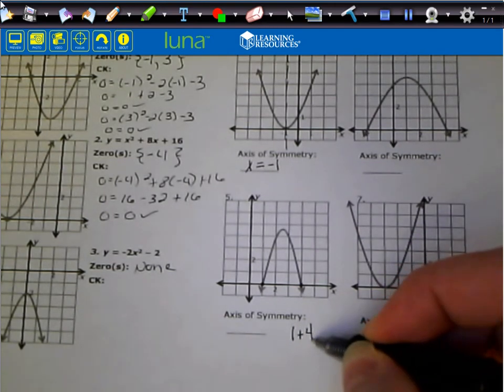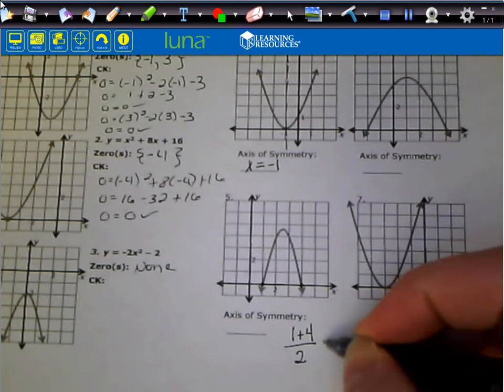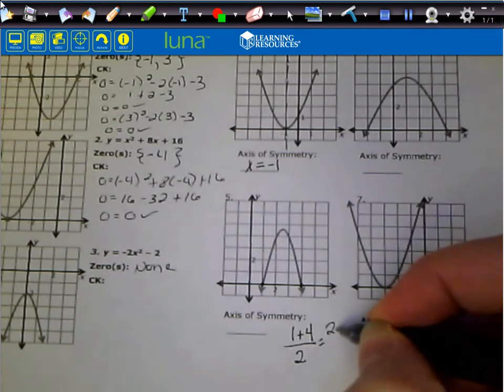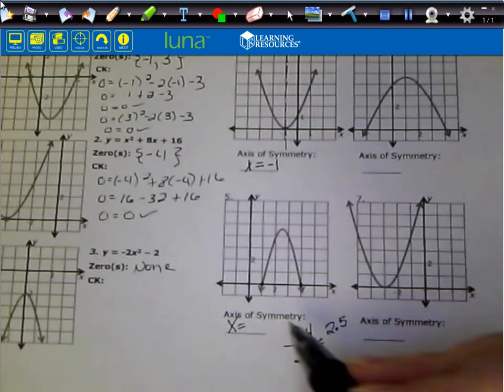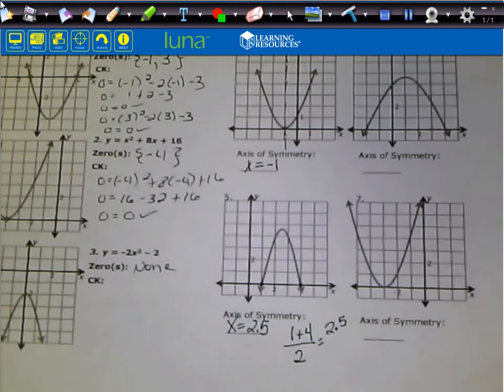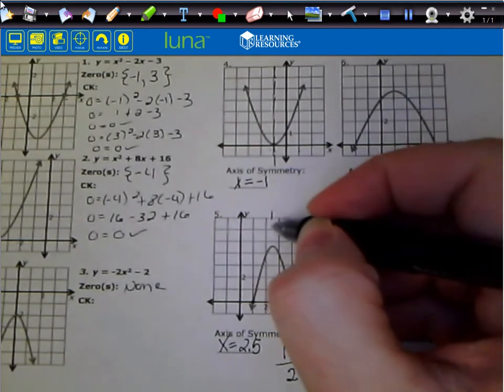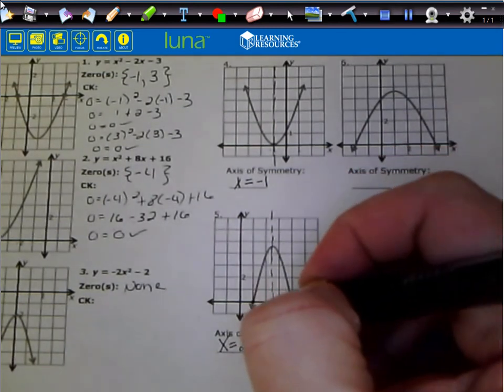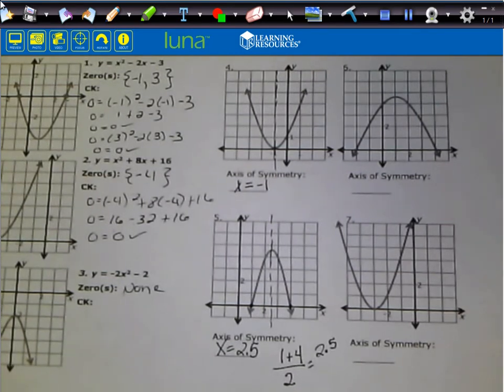We're going to add those, and then divide by 2, so we're going to take the average. When I add those up, I get 5 over 2, and divided it gives me 2.5. And that is going to be my axis of symmetry: x equals 2.5. It looked like it was right at halfway, between 2 and 3, and it is halfway. But that's how you are able to make sure.